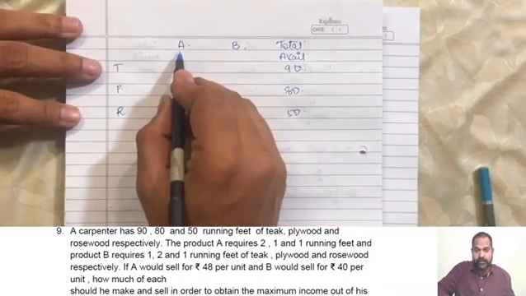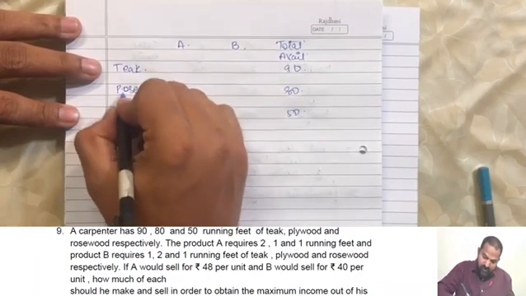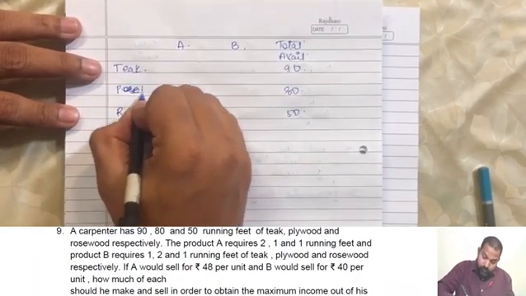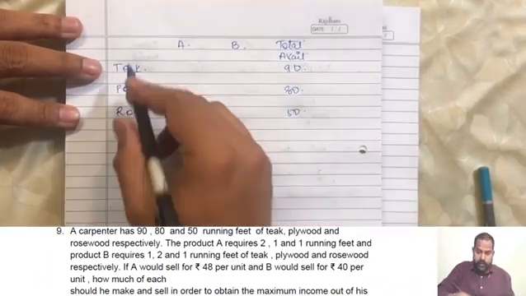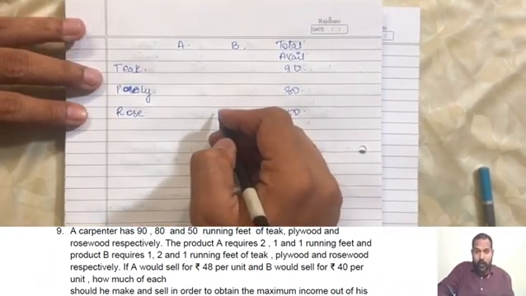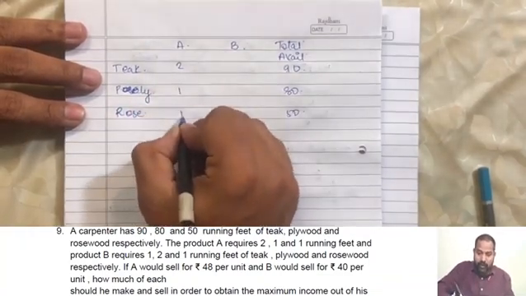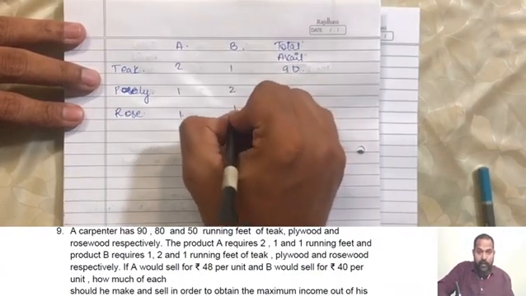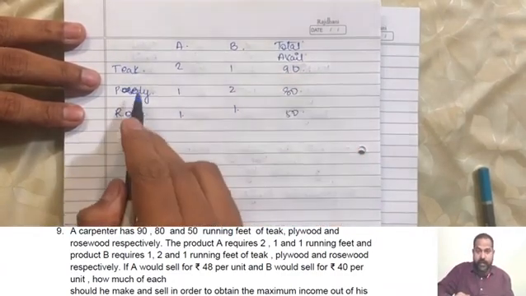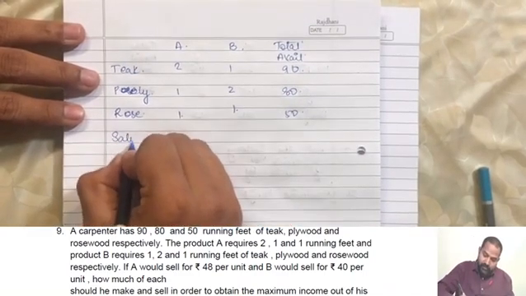Product A requires 2, 1, 1 and B requires 1, 2, 1 running feet of teak, plywood and rosewood. What is the sales?